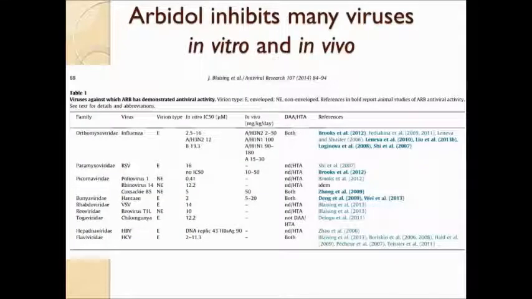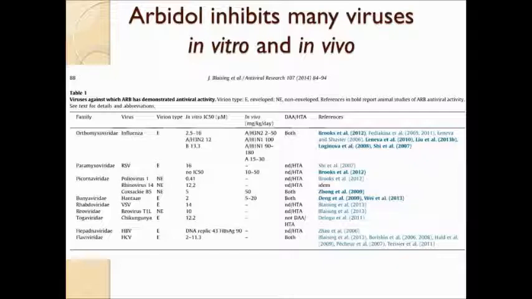Since that time, there's been a growing list of viruses that Arbidol seems to be able to inhibit both in vitro and in vivo. There are the original papers on influenza; RSV is inhibited, polio viruses are inhibited, chikungunya virus is inhibited, and we've shown Hep C is inhibited, and hepatitis B virus has also been shown to be inhibited.